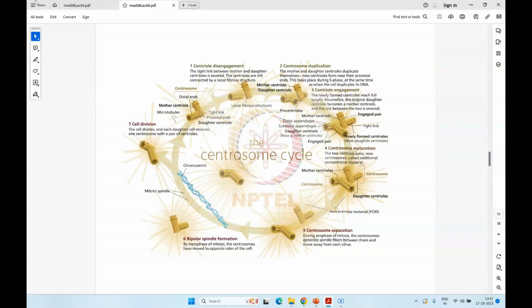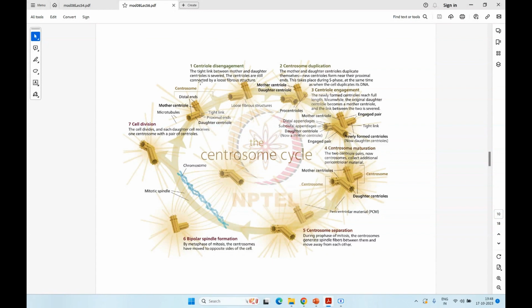This is just nomenclature based on what you can differentiate, because the mother centriole is sort of older, whereas the daughter centriole is going to be assembled newly in that cycle, and there are these proteins that are present only on the mother centriole.